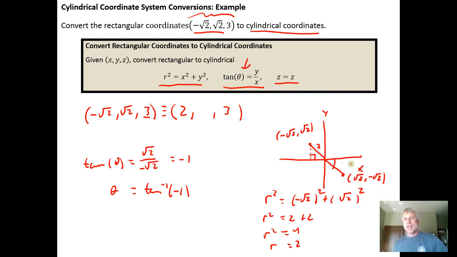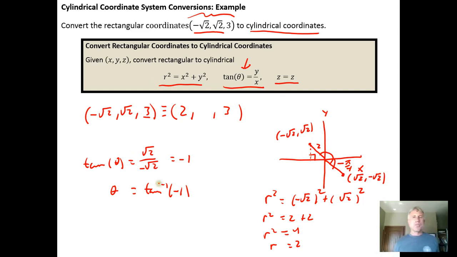So the calculator would give you this angle negative pi over 4 radians. And we would need to rotate that result 180 degrees or pi radians into quadrant 2 to get the angle that we actually wanted.